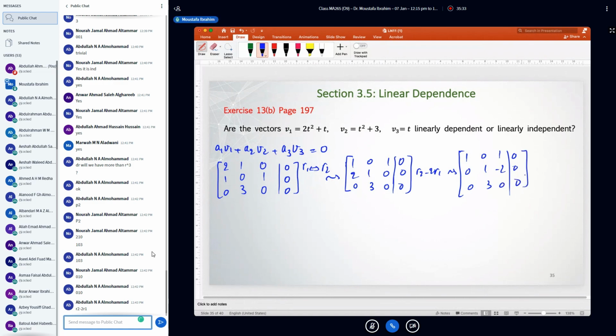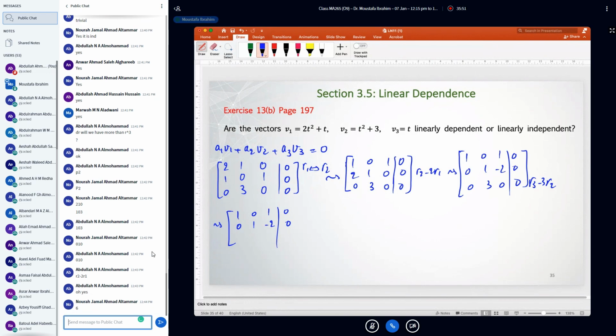I have leading 1, so here R3 minus 3R2. Now R3 divided by 6 to get the last row.